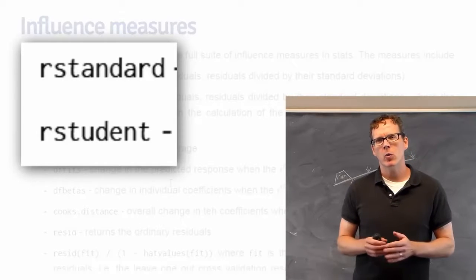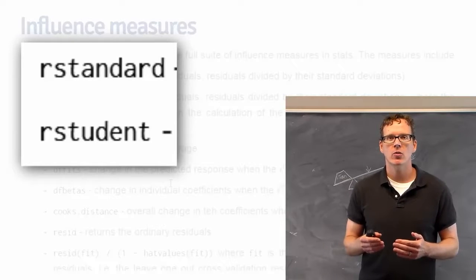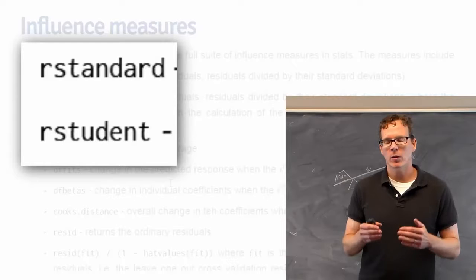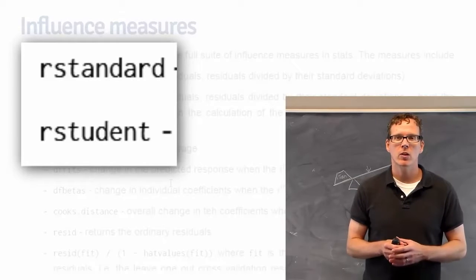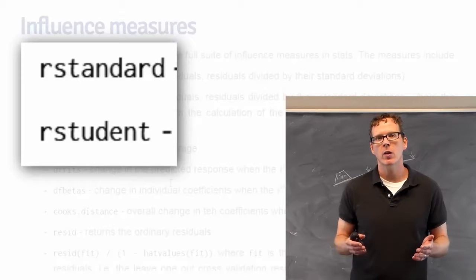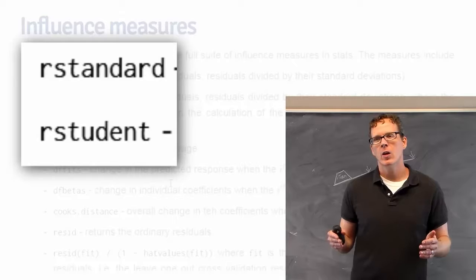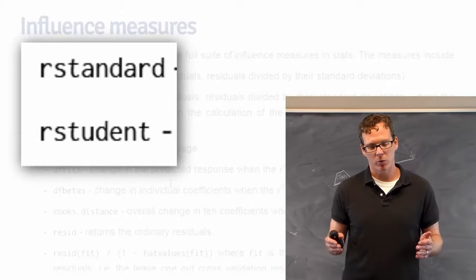I don't find a great deal of help in the distinction between the internally versus externally standardized residuals. I do like to use the standardized residuals because they're on a nicer scale, but I tend to look at them with respect to the overall cloud of data rather than trying to set strict thresholds.